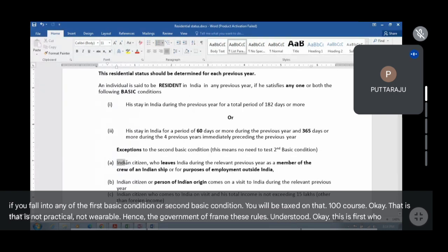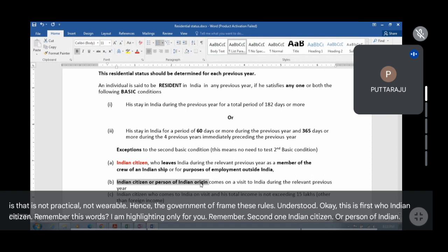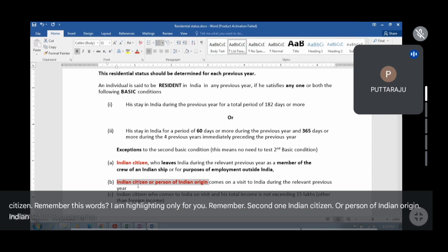Who? Indian citizen. Remember these words. I am highlighting only for you. Remember. Second one. Indian citizen or person of Indian origin. Indian citizen I told.